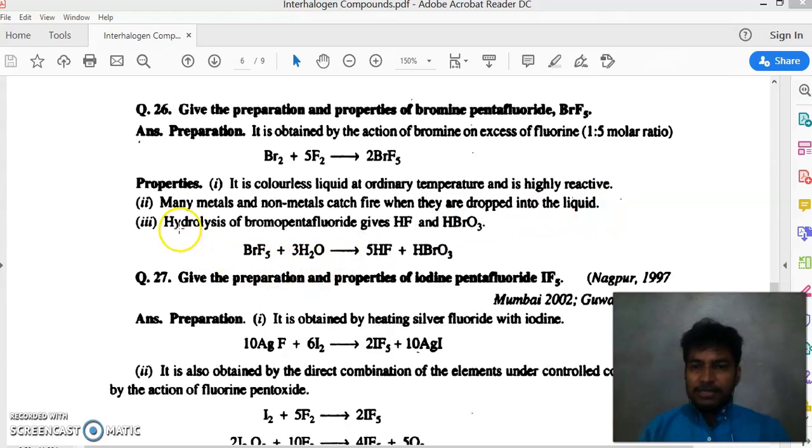Another important point is that upon hydrolysis, bromine pentafluoride gives hydrogen fluoride and bromic acid, that is BrF5 plus 3H2O gives 5HF plus HBrO3.